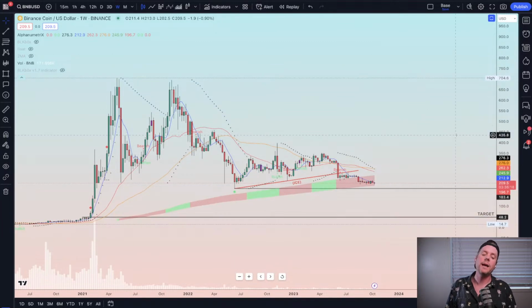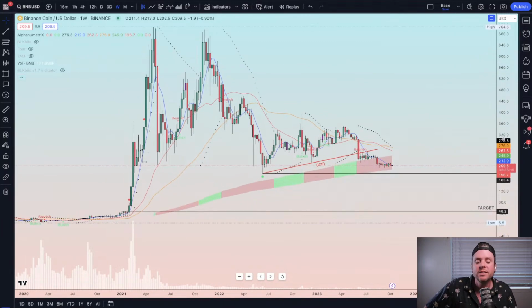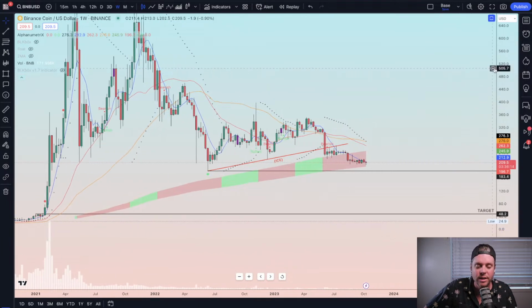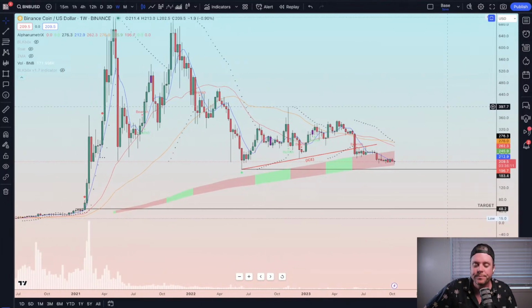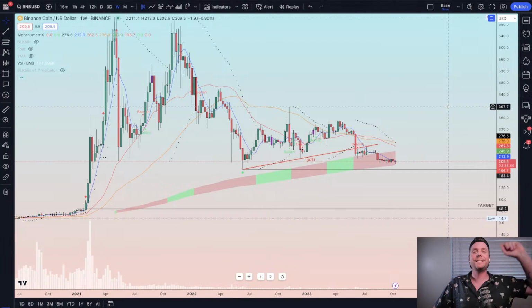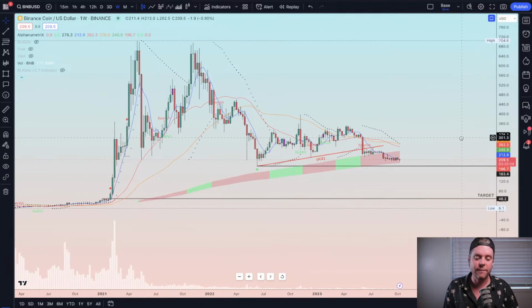Binance. Oh man, I feel like a conspiracy theorist when I look at this chart, because I find myself trying to predict the reason that this chart falls. This chart looks terrible. It is a fixed market.